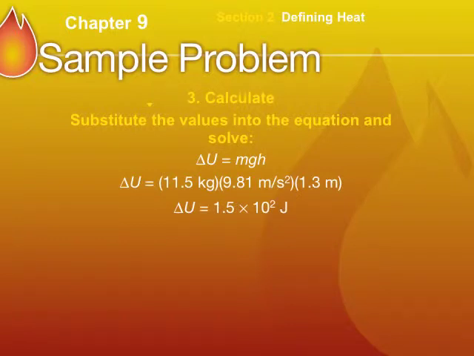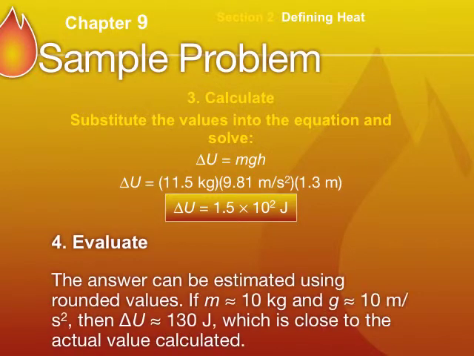That's the increase in internal energy. Simple problem to read and set up. Don't be afraid to check those out and take a look at that. The answer can also be estimated using rounded values. So put the mass at about 10, put g at 10, then you're looking at 130, which is close to 150.